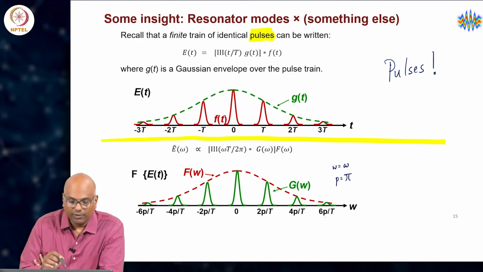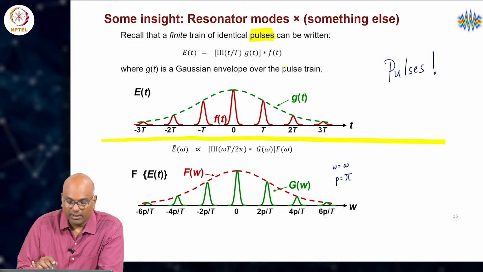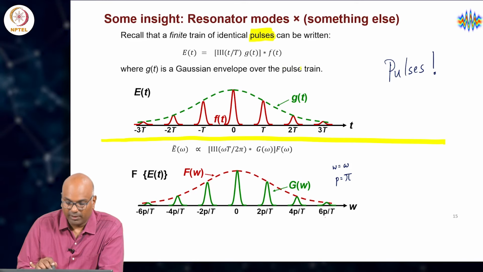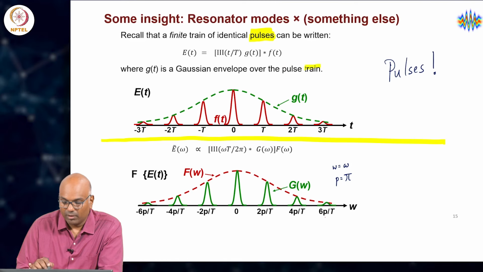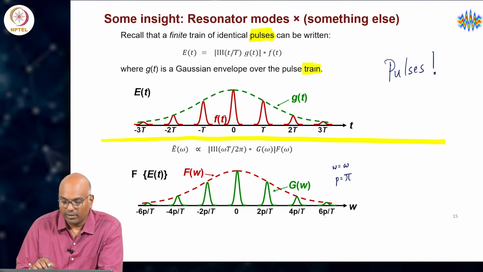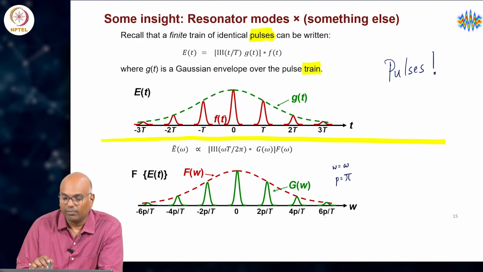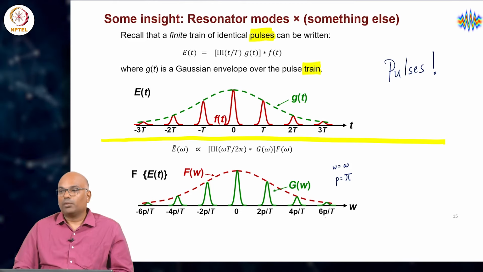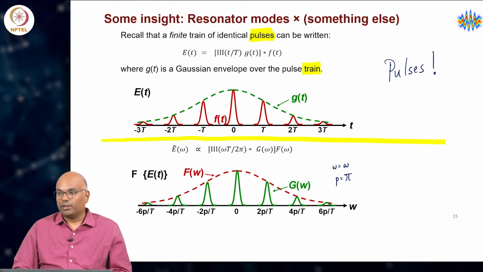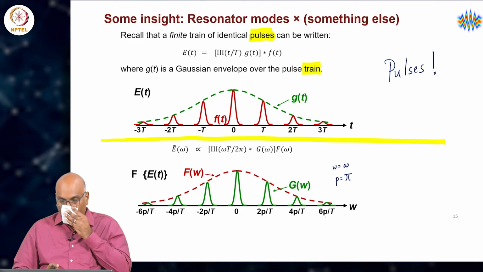Furthermore, the point is that when you have an interferometer like this or a resonator like this acting as a source, we typically get a train of pulses. It is typically not an isolated single little pulse.